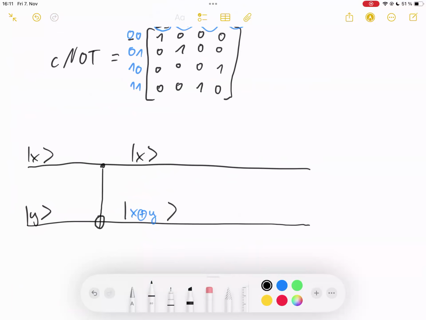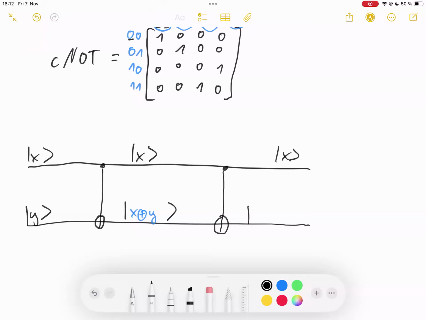But now I can put a second CNOT gate there. Now we see obviously at the top the X doesn't change.